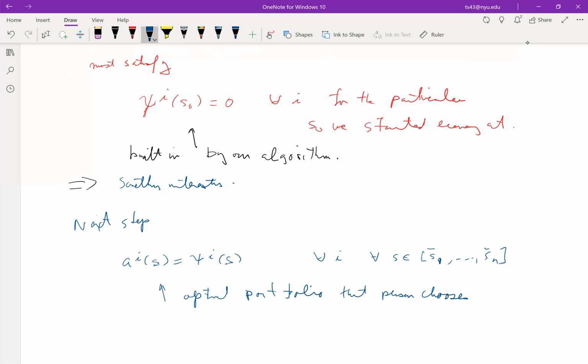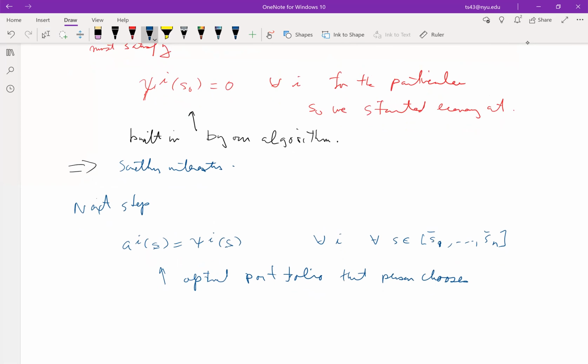One thing we're going to have to verify, but it's going to be easy, is that the summation of AI of S is equal to 0. So there are no net trades; there's clearing.